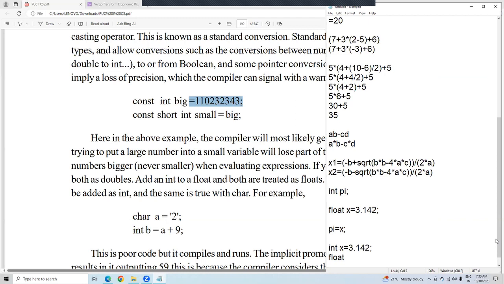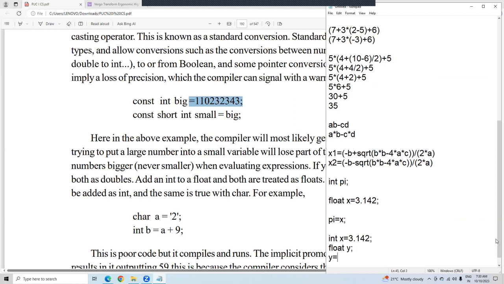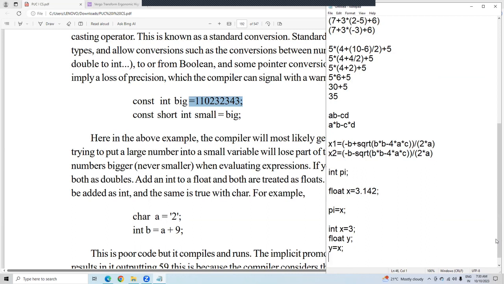If I am saying float y equal to x, sorry, in int we can't write the decimal part, it's only 3. If I am writing y equal to x, both will be treated as float only. So in y, what you will get? 3.0.